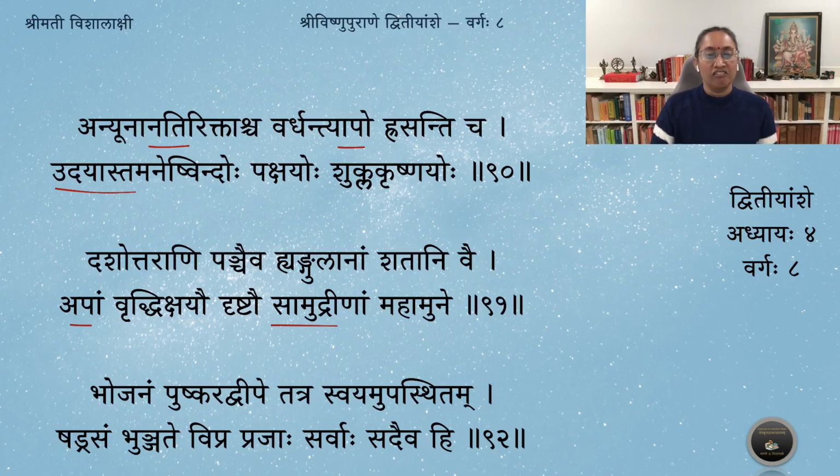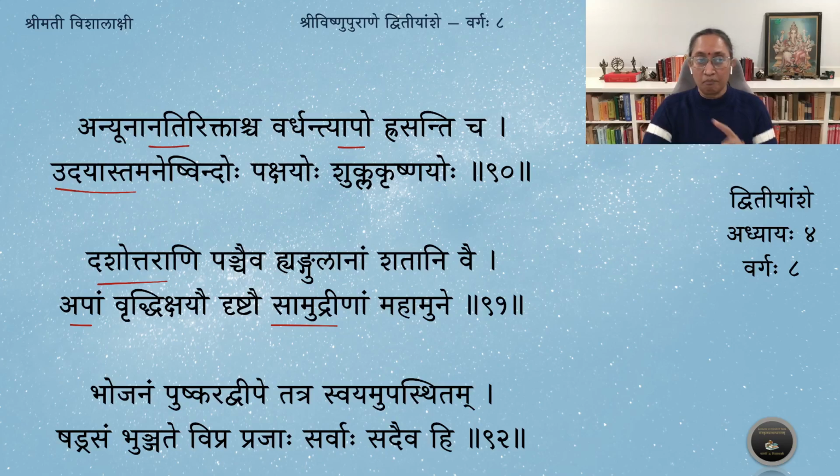Samudrinam apam vriddhikshayau drishtau. We perceive an increase and a decrease of the waters of the ocean. For what is the distance that we see? Dasha uttarani panchaiva angulanam shatani. Pancha shatani, 500.